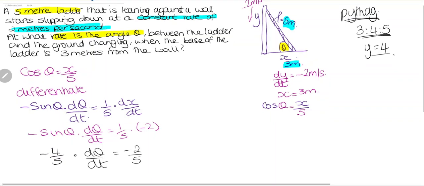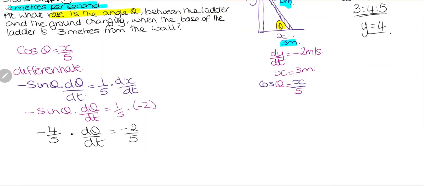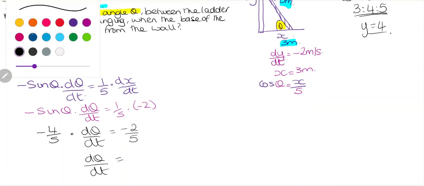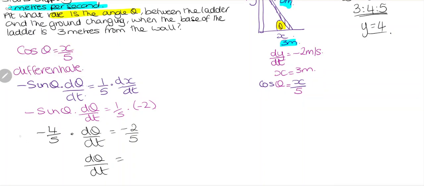So negative 4/5 multiplied by the rate of change of the angle here. So we're going to multiply both sides by the opposite. So if we multiply this by negative 5/4, and we multiply this side by negative 5/4, this will cancel.